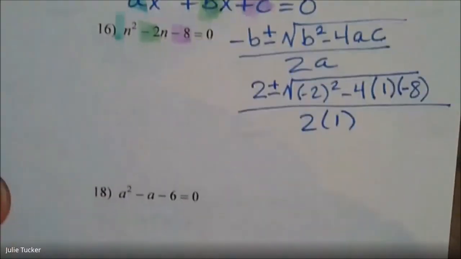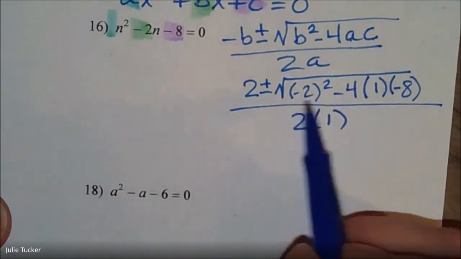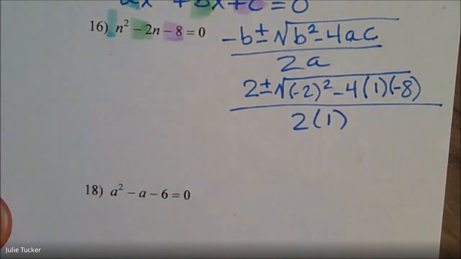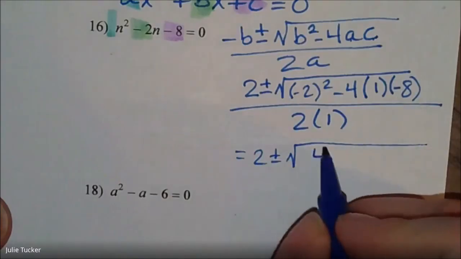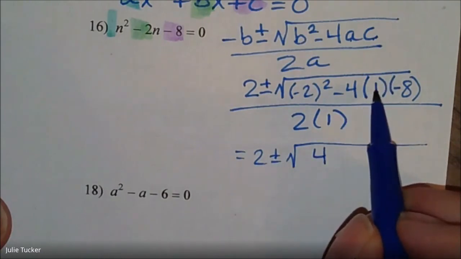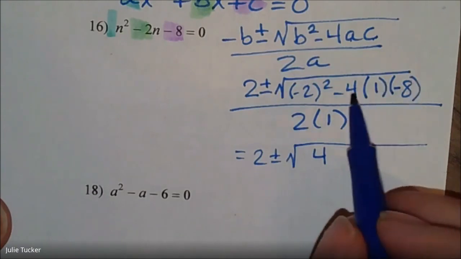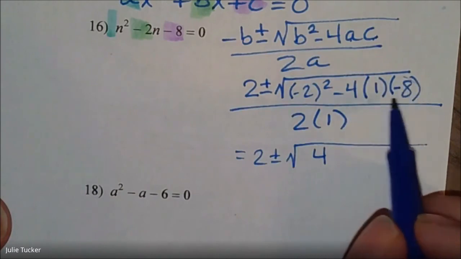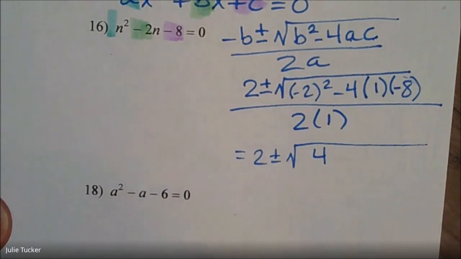So now we have to work it out, okay? So what is -2 squared? Nice work. And then 4 times 1 is 4. And 4 times 8 is 32, right? So this whole chunk here is 32, with a negative times a negative, which is positive.